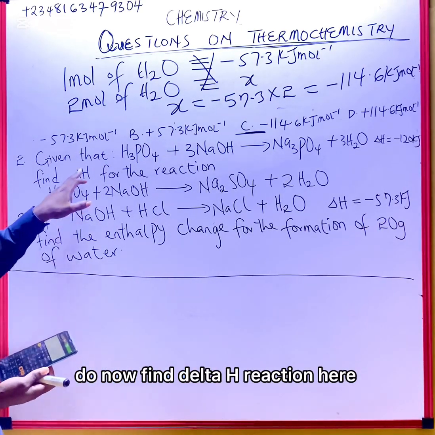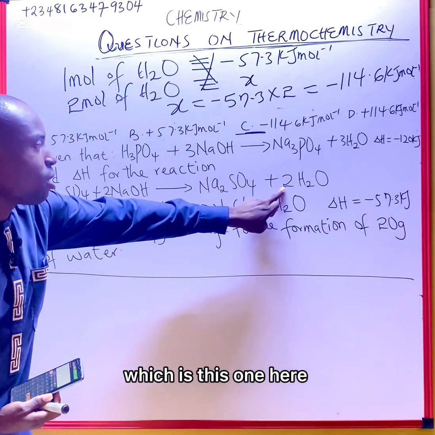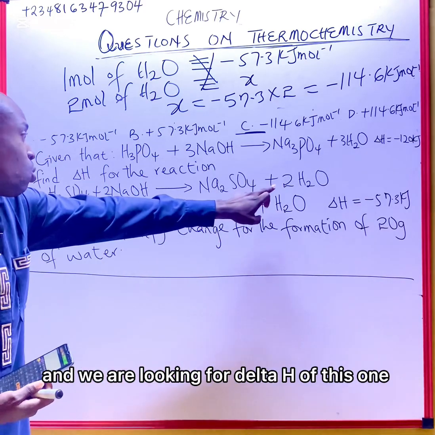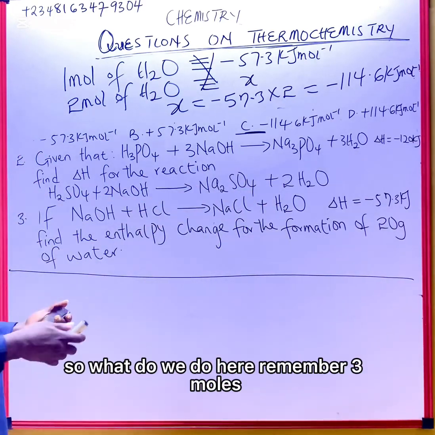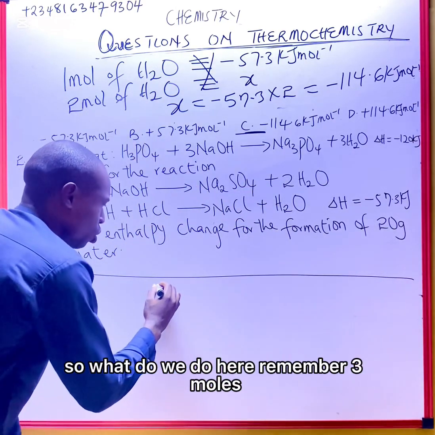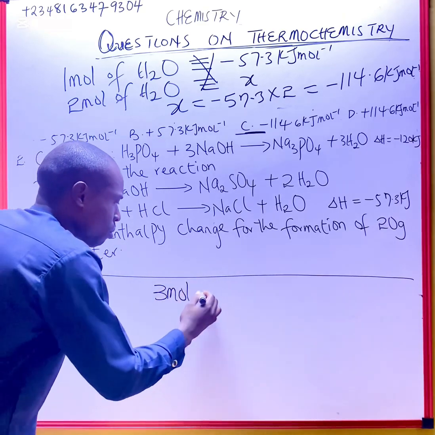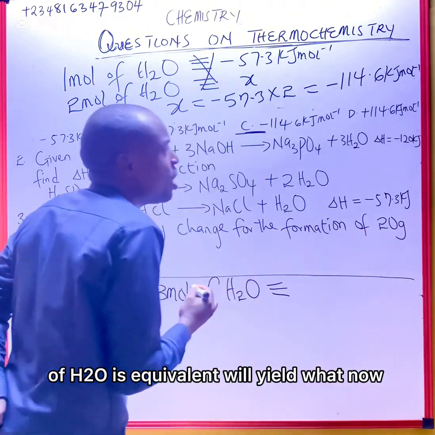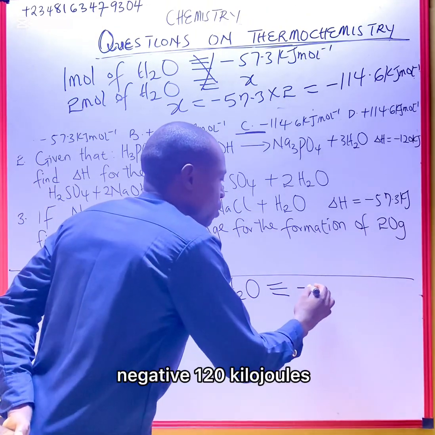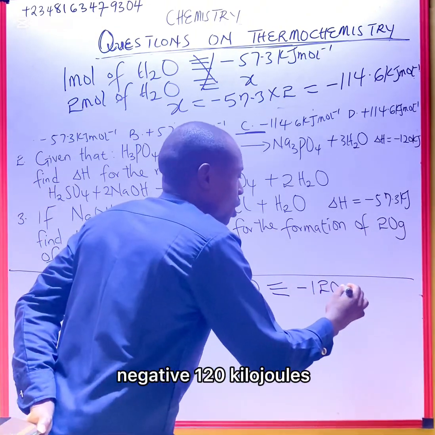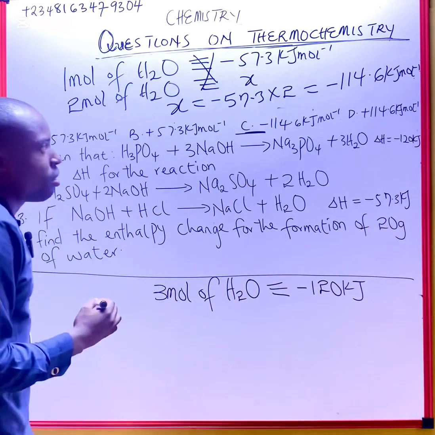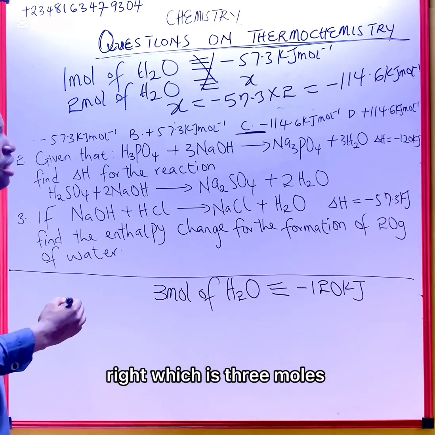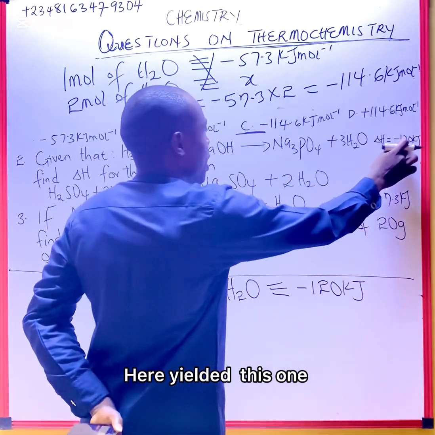Now find delta H for the reaction here, which is number 2. So what do we do here? Remember, 3 mole of H2O yields negative 120 kilojoule.